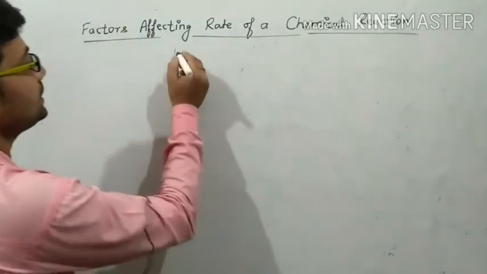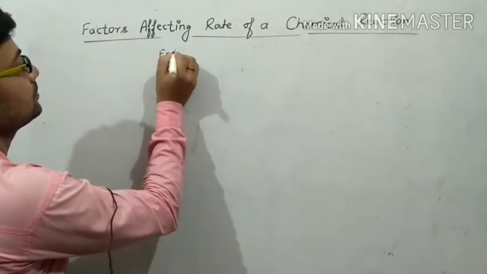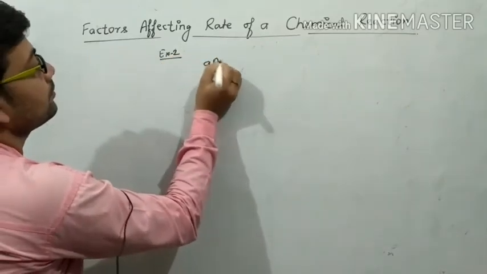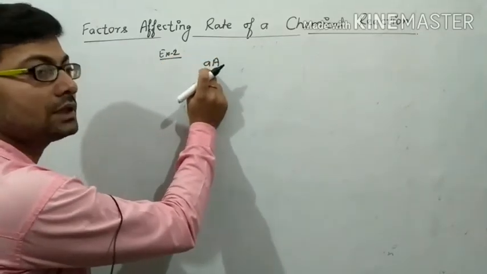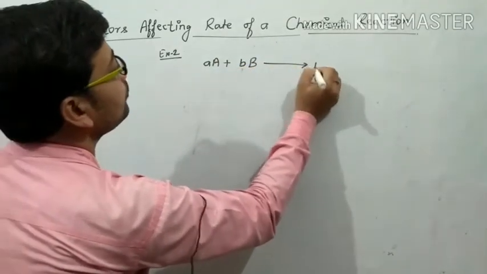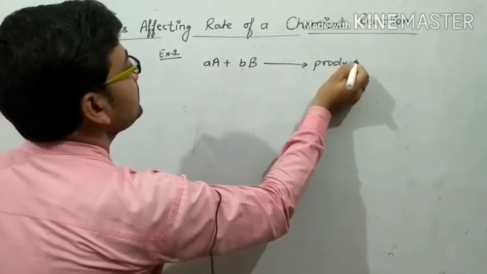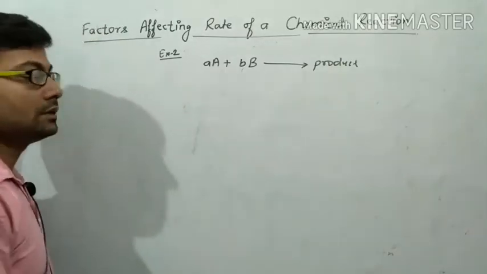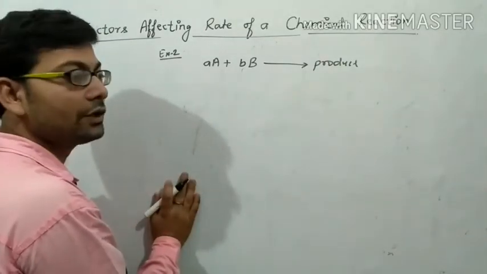If the reaction is like this, example 2, a A plus b B gives product, then what is the rate of reaction?